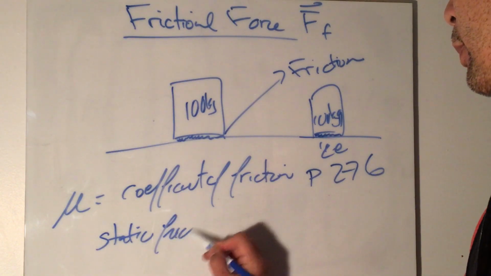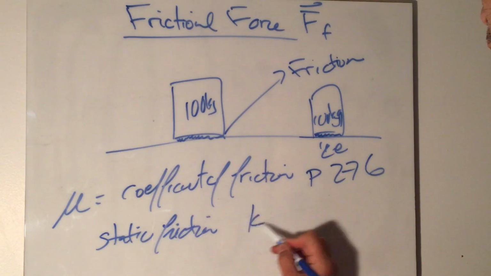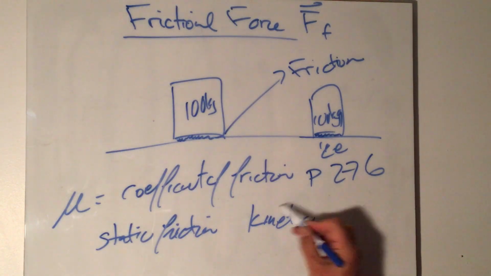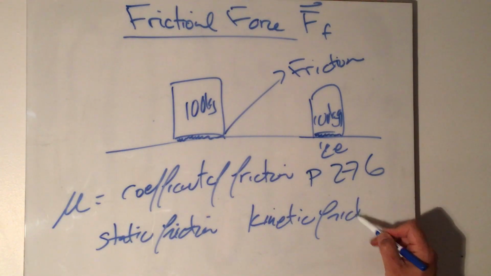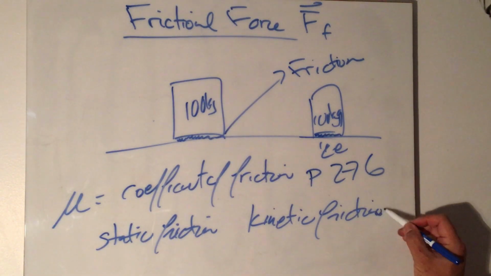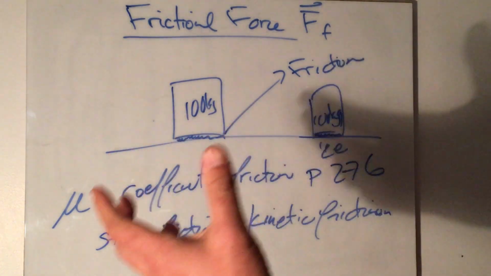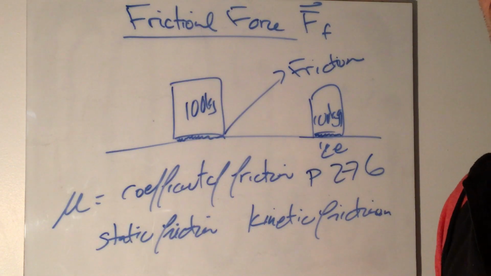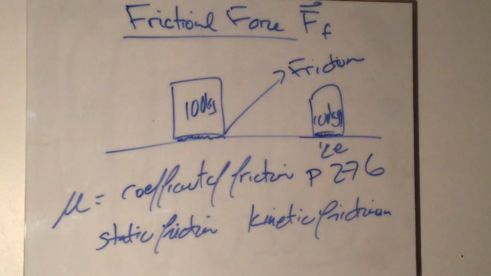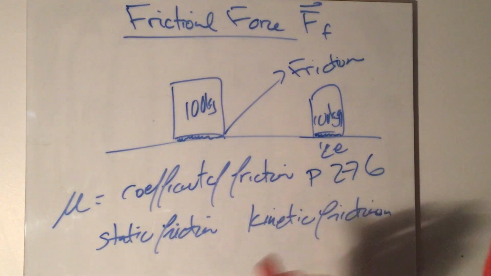Now, there's also static friction and kinetic friction. Okay. Now, this goes back to Newton's first law. An object in motion wants to stay in motion. An object at rest wants to stay at rest.